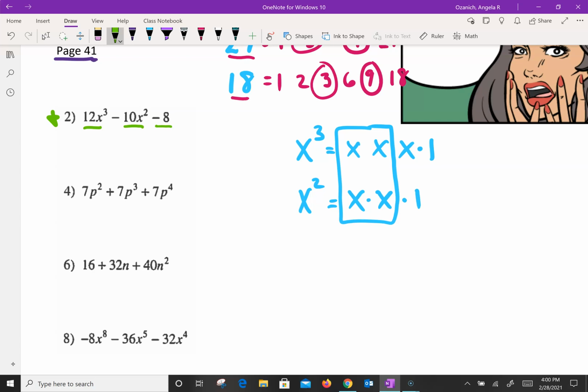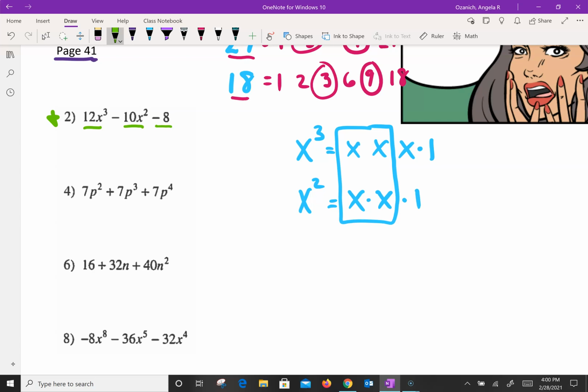It looks like 4 would work, right? Because 4 times 3 is 12, and 4 times 2 is 8. Oh, wait a minute. That 4 is not going to work with the 10. I can't divide 10 by 4 evenly. So 4 cannot be the greatest common factor.